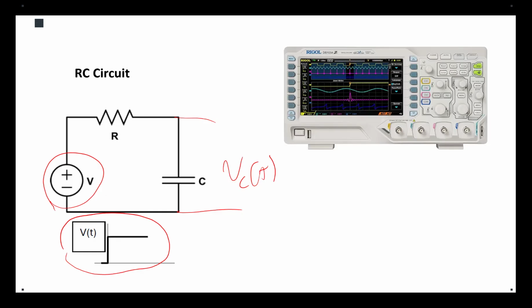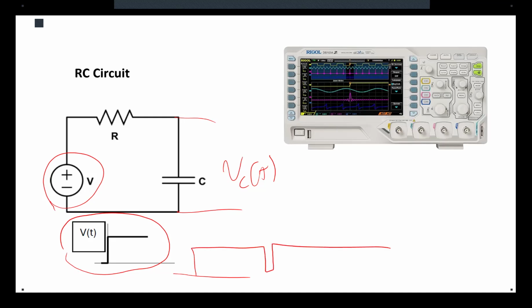Does that make sense? In reality, you are going to have such a waveform, it's going to chop, but we want to maximize the duty ratio so we can assume that we have a step function.